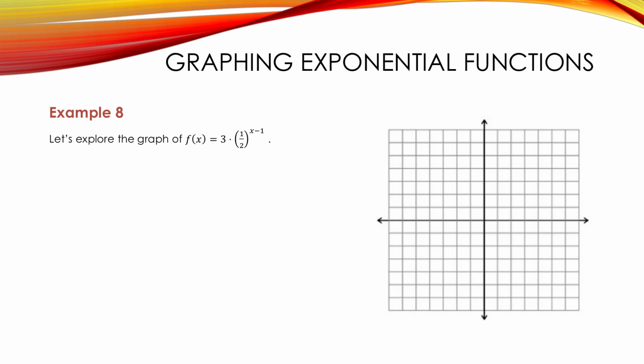The last transformation we're going to do is take our last graph, and now we're just simply going to multiply it all by 3. So let's make our same XY chart, right? And let's fill in some values here.